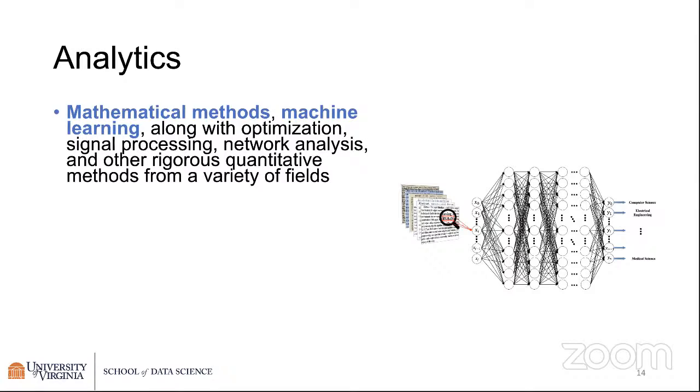So I'll spend a moment here on analytics. These are the mathematical machine learning kinds of things that we think about when we think about data science. And it involves all these things. There's a long list, and I've only listed a few here: optimization, signal processing, neural networks, and I've got a picture of a deep learning network on the right. These are the kinds of things that you think of when you think of analytics, but it incorporates all aspects of this.